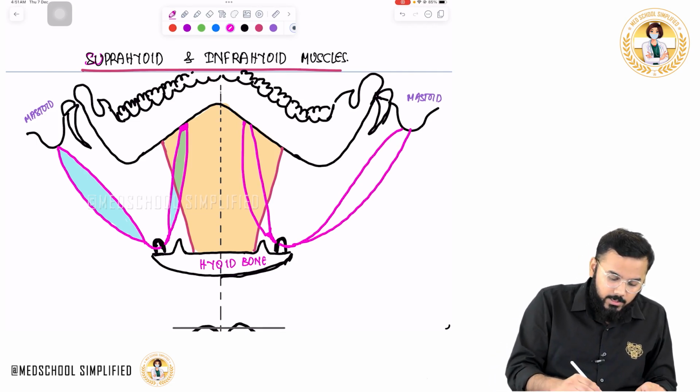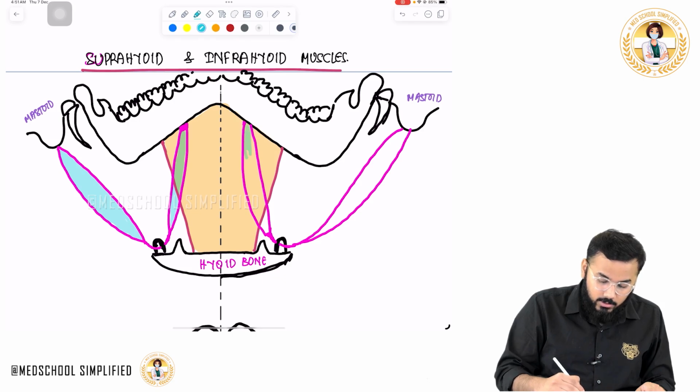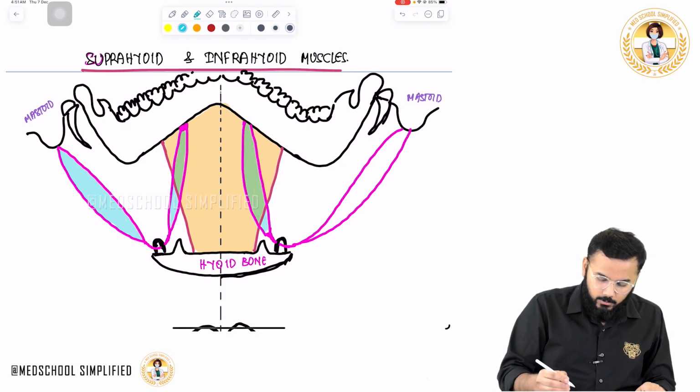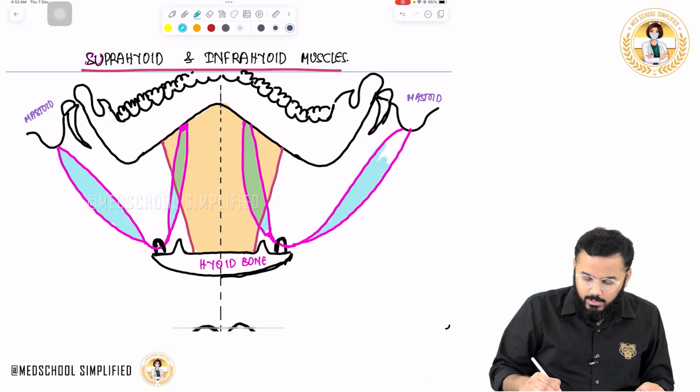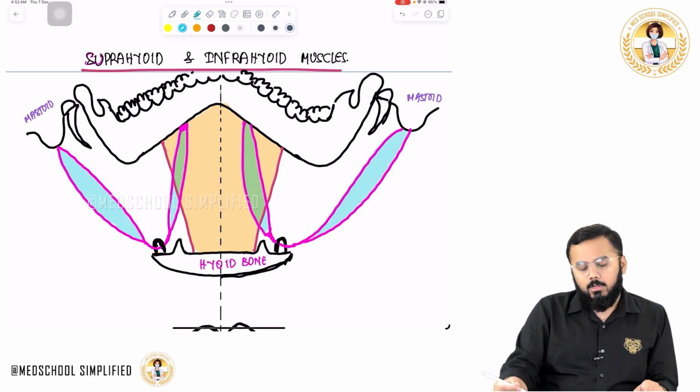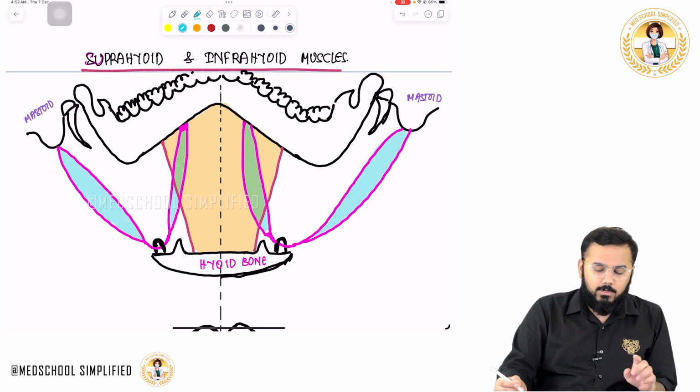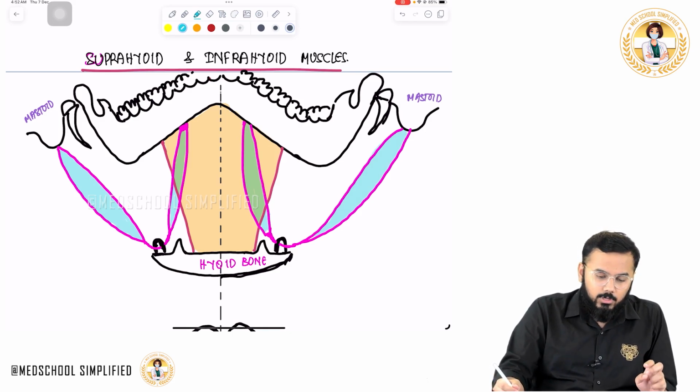So this particular muscle over here is called your digastric muscle. One is the anterior belly, another is the posterior belly of your digastric muscle.